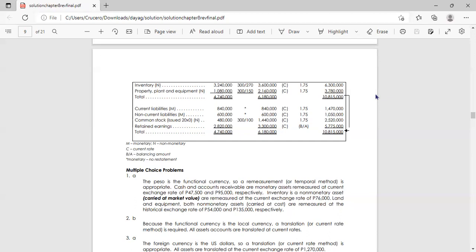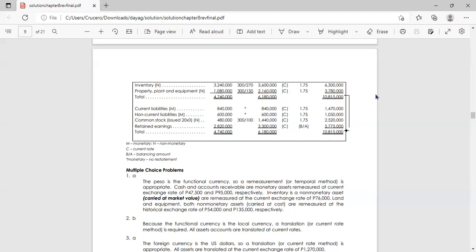Okay, so we have now your problem 9, which requires the preparation of the restated and then the translated amounts.